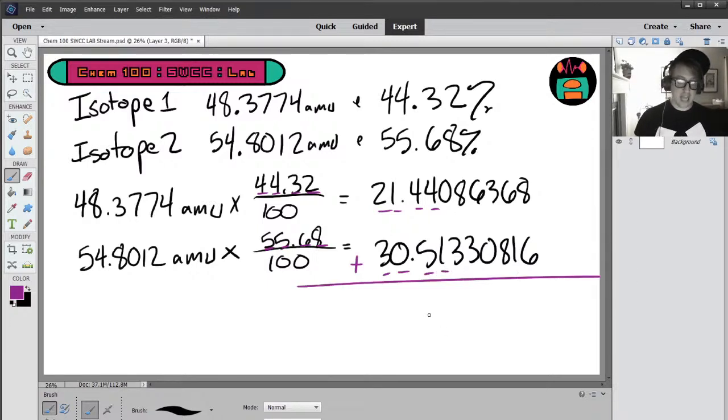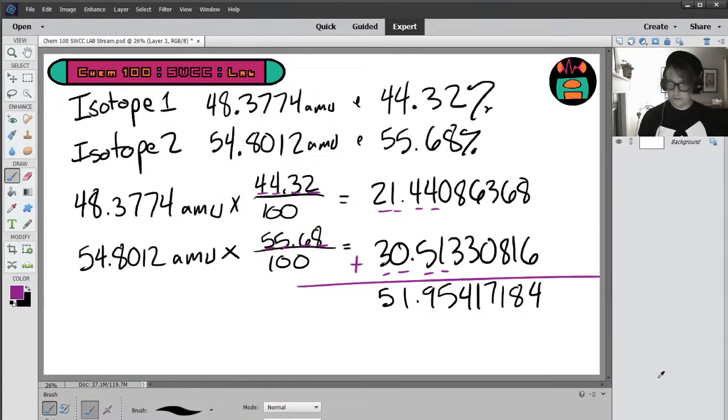Now we take these two and we add them together. 21.44086368 plus 30.51330816. So the value my calculator is giving me is 51.95417184.